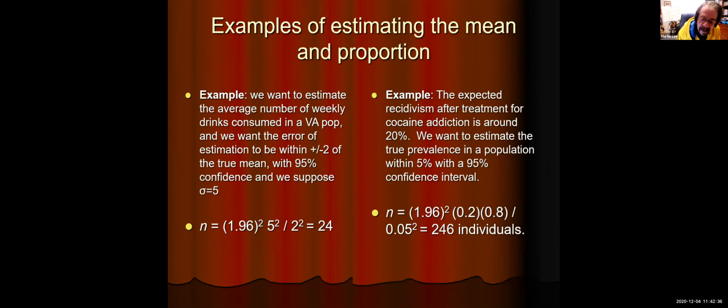Now I want to take you to a second lecture, or a second portion of this lecture, which is the issue of design of community-based interventions. And this will include a brief mention of the issue of sample size as well.